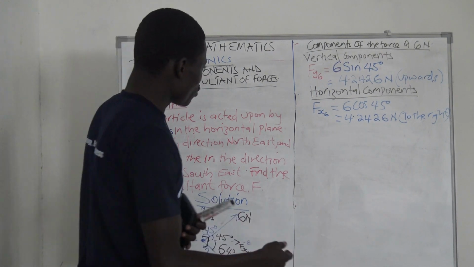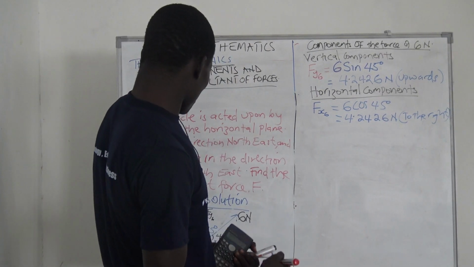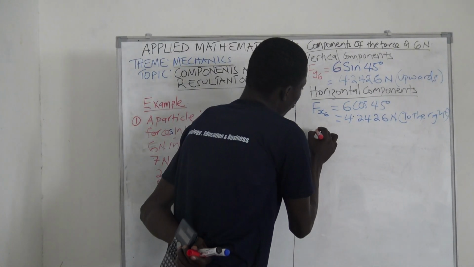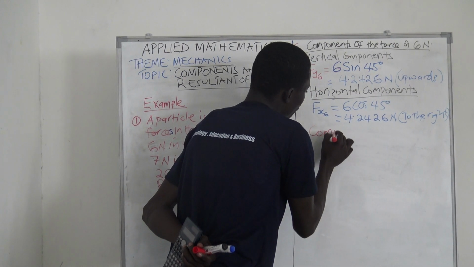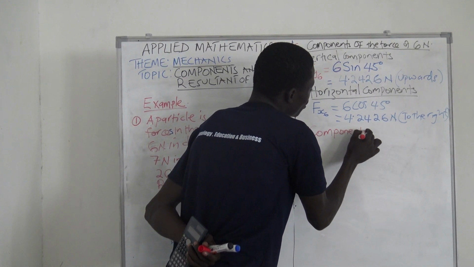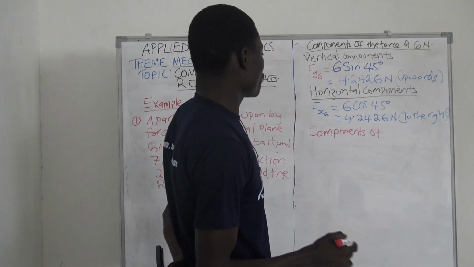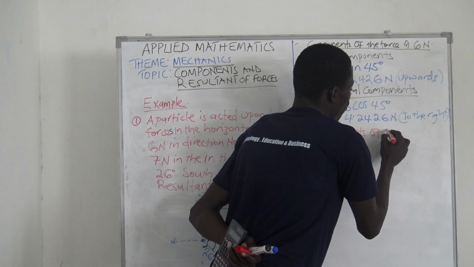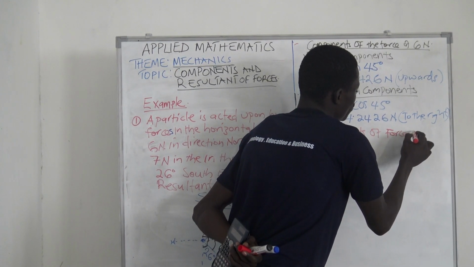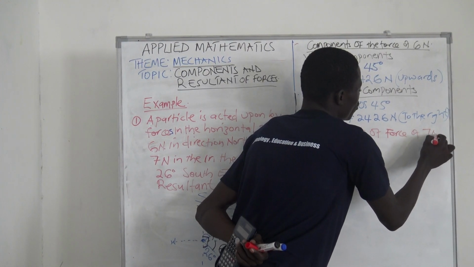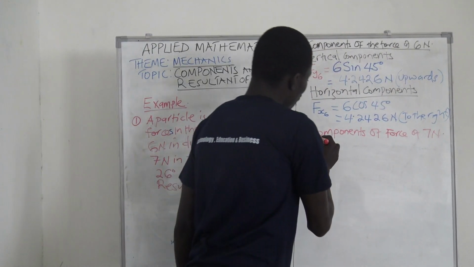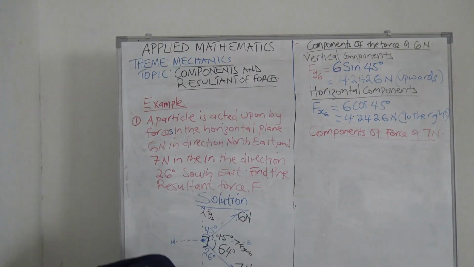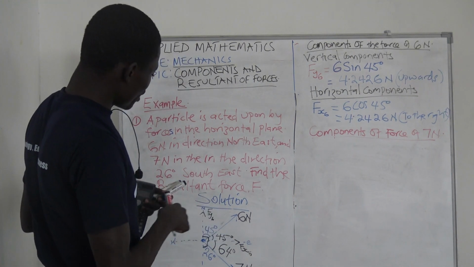Then we come to the components of the 7 Newton force. Also that one has both horizontal and vertical components.